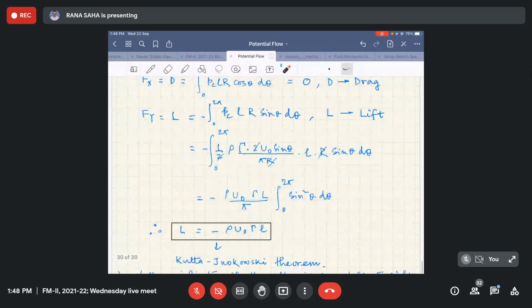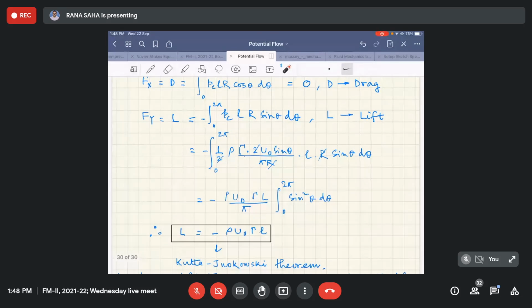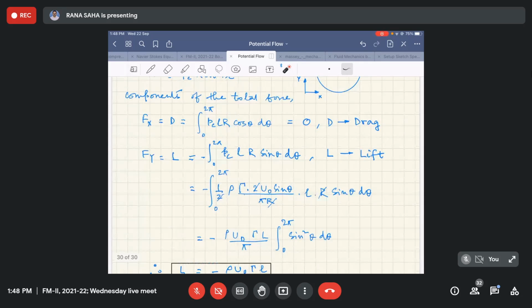This is the expression that can be obtained after certain extensive mathematical treatment.